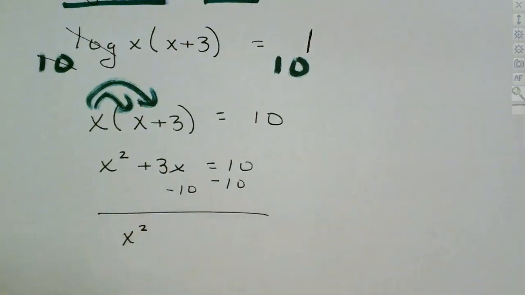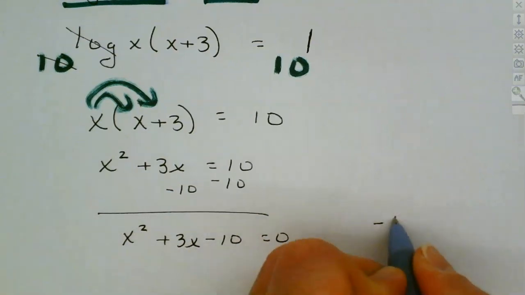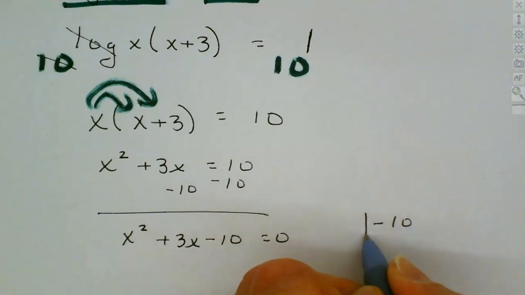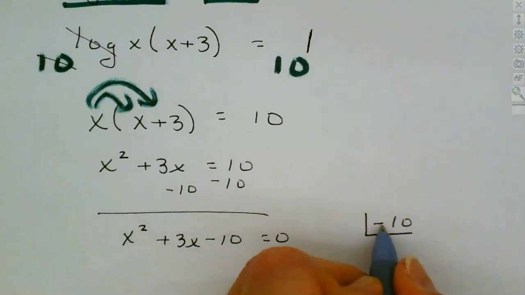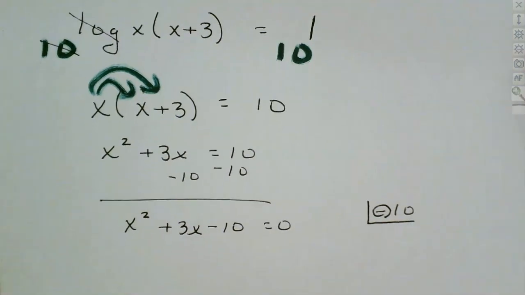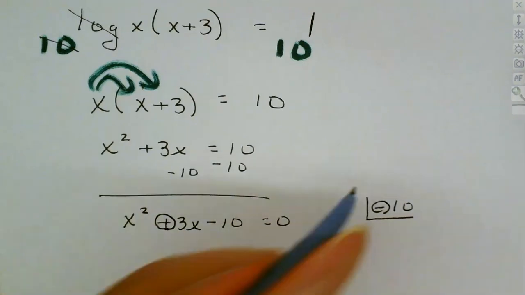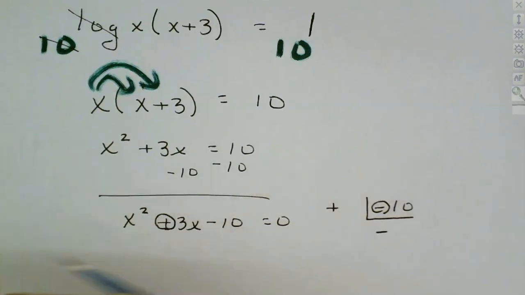So now we've got x squared plus 3x minus 10 equals 0. And first times the last is a negative 10. Okay, and what do we know about the signs? Are they the same or are they different? Different signs. And the sign in the middle is positive. So what two numbers are going to work here?